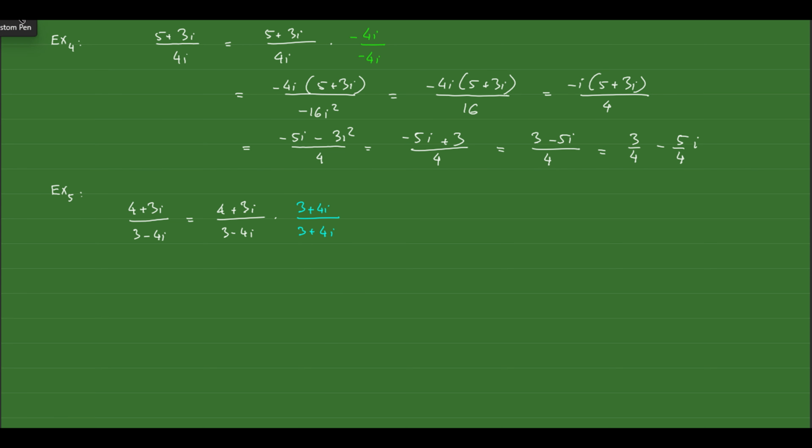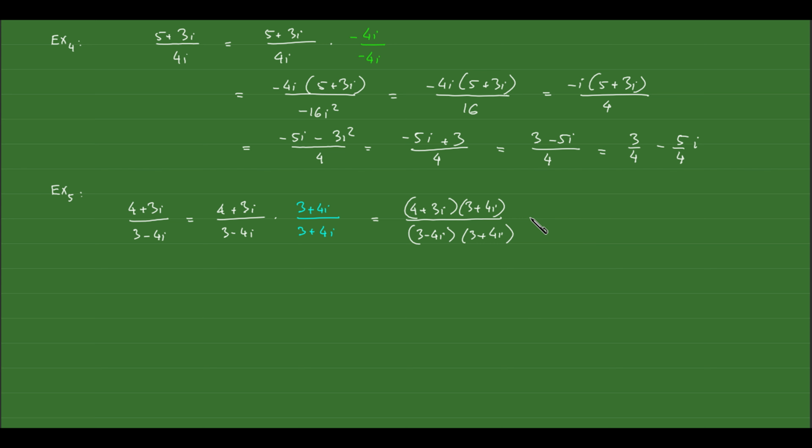Okay, and now we're going to go ahead and just foil them. So we have 4 plus 3i times 3 plus 4i. I just want to rewrite it in one fraction only; it's easier for you to see.